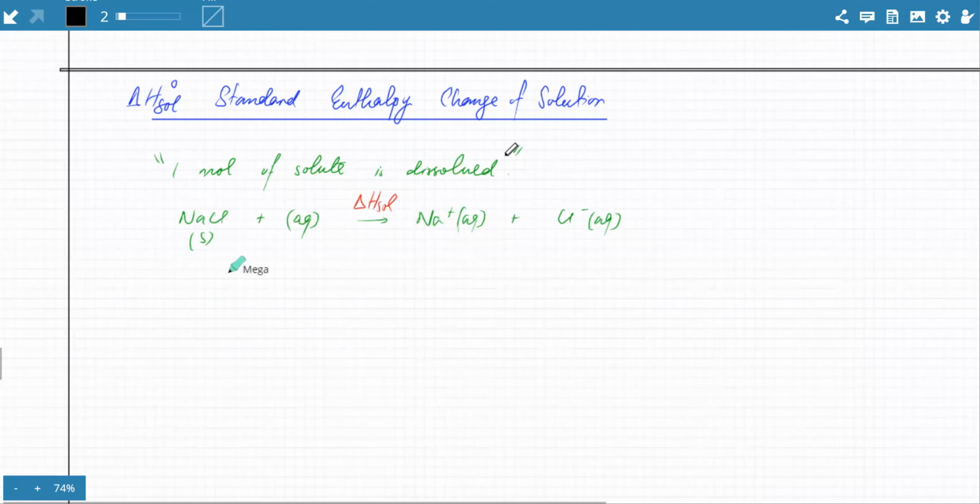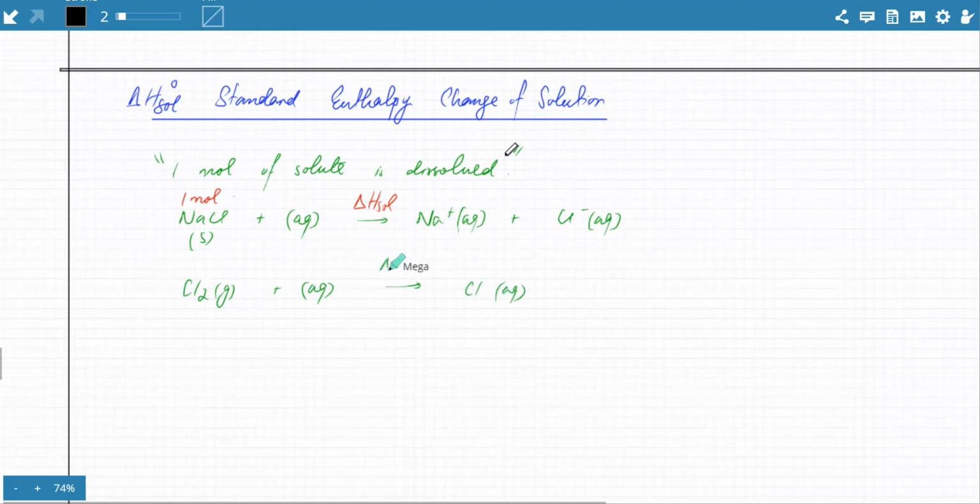The substance needs to be 1 mole at all cost. Only then would the definition apply. So 1 mole of any substance, if it dissolves and turns aqueous, that is enthalpy change of solution. For example, you could have 1 mole of Cl2, which is a gas, and you mix it in water, and it becomes Cl2 aqueous.